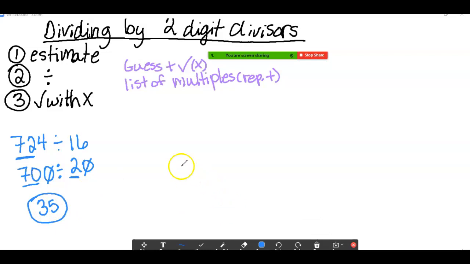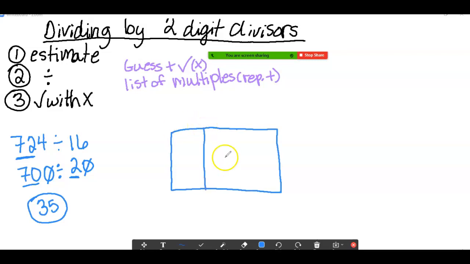All right, so now I want to divide. So I have a 2-digit divisor. Sometimes you will have a 3-digit, sometimes you will have a 4-digit, but the process stays the same. Now again, I need to decide which one of these strategies I'd want to do.